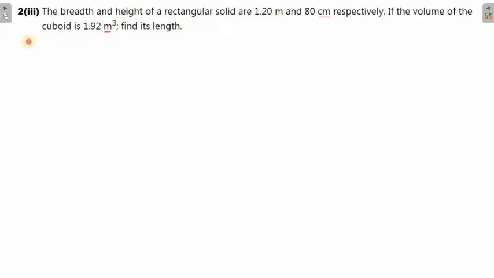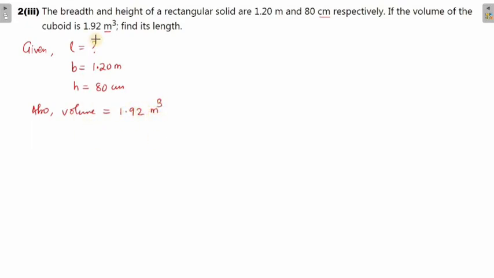So what is given? Let's quickly write it down. Given is L, we don't know what L is. Breadth is given to be 1.20 meter. Height is given to be 80 centimeter. And volume is given to be 1.92 meter cube.